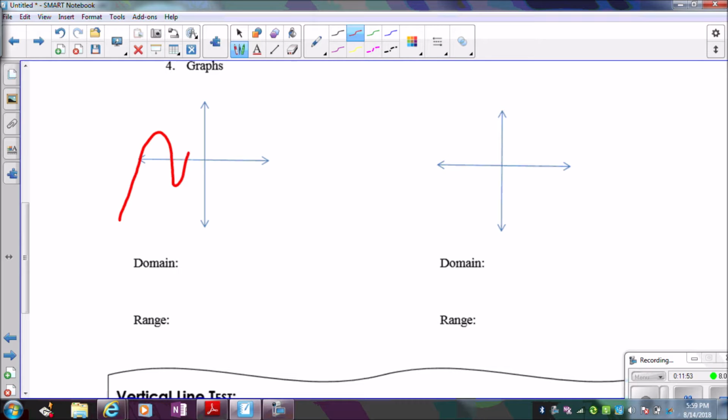It's going to come up to a point, and it's going to come down to this point right here, and it's going to bounce back up, and then it's going to come back down. So this highest point, I'm going to say that this is up at 4. And I'm going to say that this point right here is at -2.